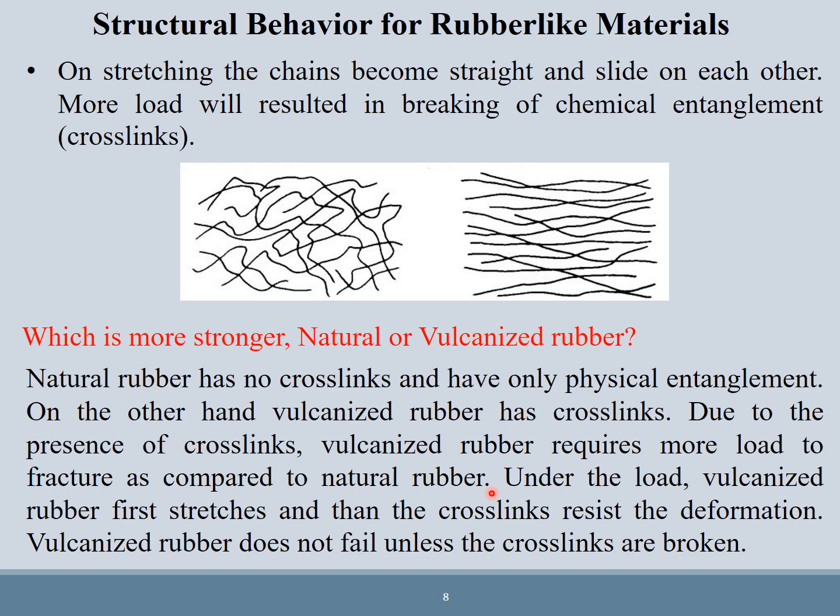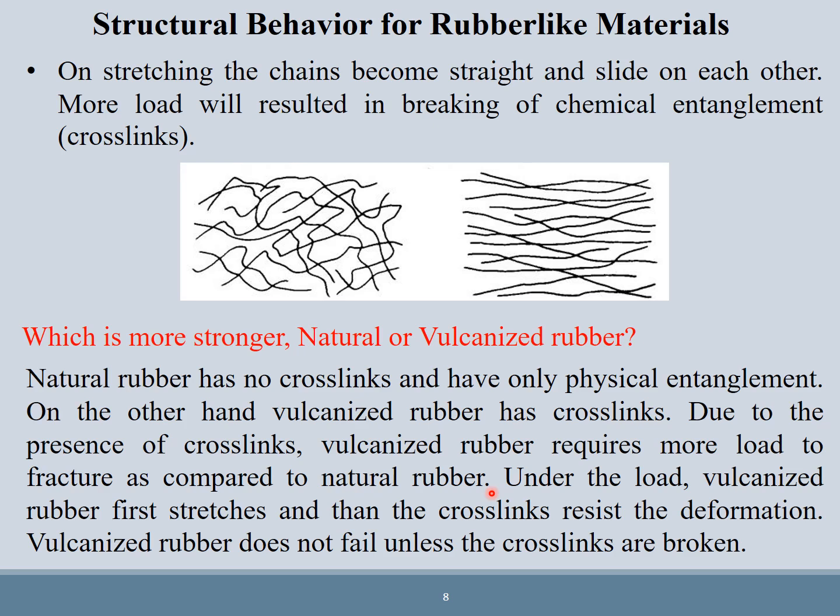But on the other hand, vulcanized rubber has cross links. When we apply load on it, the chains try to straighten up, and then the load will be on the cross links. When we increase the load, the cross link or chemical bond will break. After the chemical bond breaks, the chains start breaking, and then we have the rupture. So cross links take more load and require more energy to break.